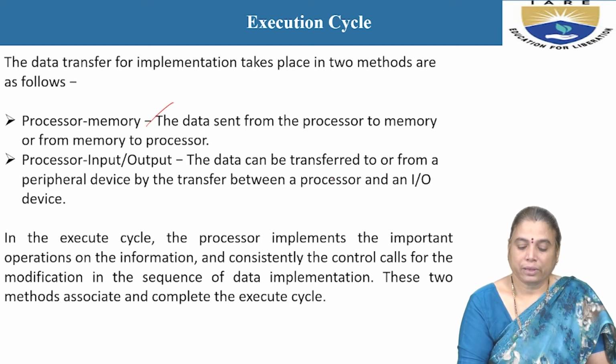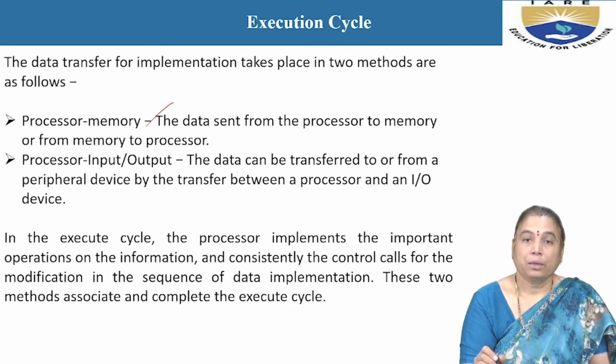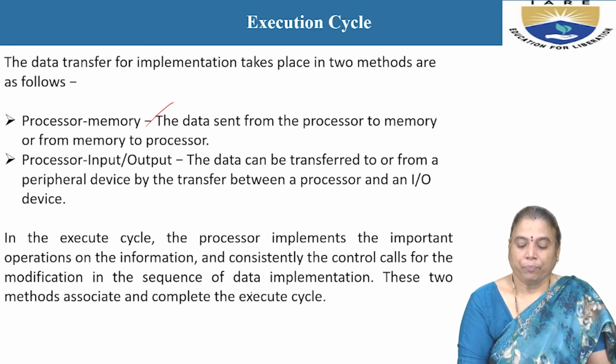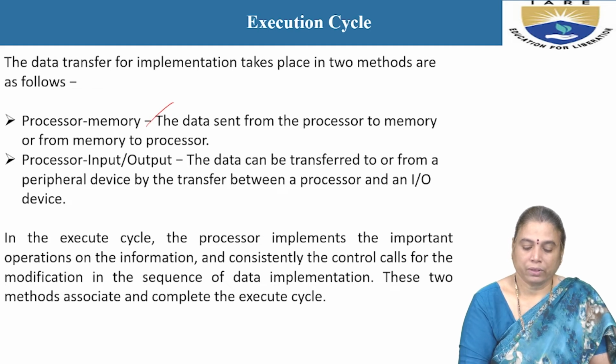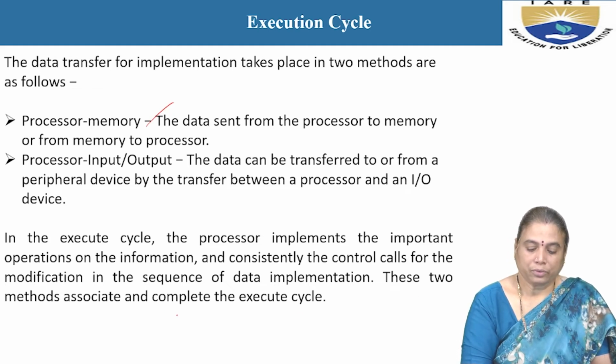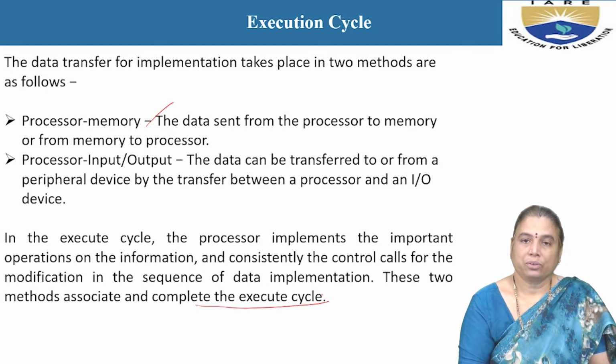So in the execution cycle, the processor implements important operations on the information. Control calls for modification in the sequence of the data implementation. There are two methods associated with completing the execution cycle.